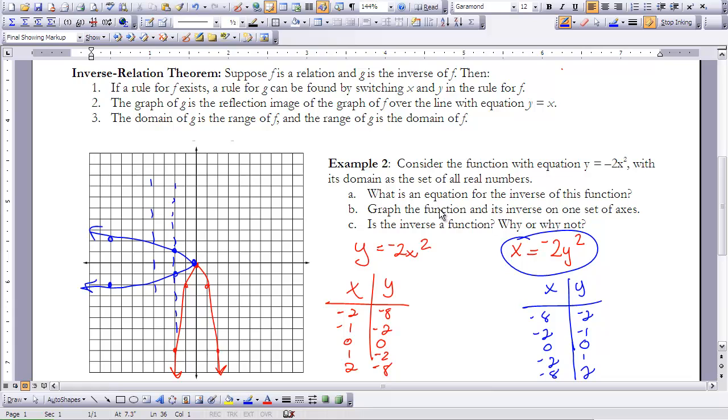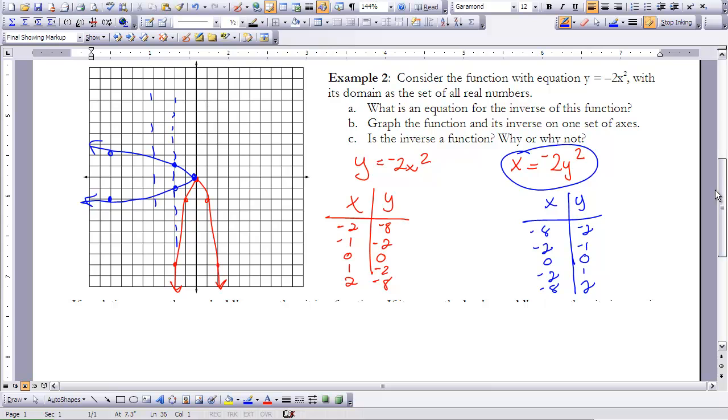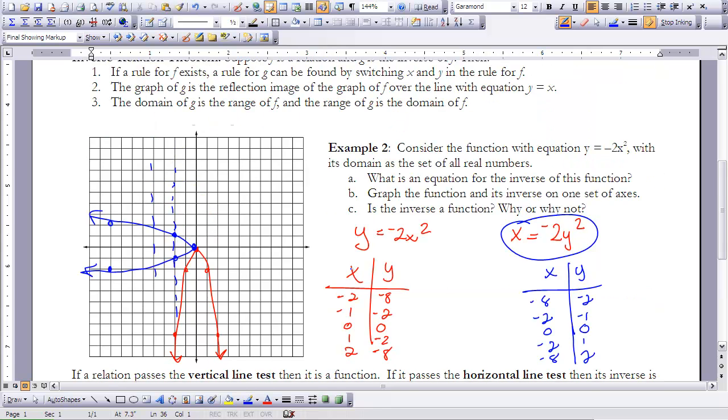Part 2 says they want you to graph the function and its inverse on one set of axes. I chose to graph this by hand just because I wanted to explore the relation piece from above by switching our coordinates. So I quickly made a table of values for x and y for our original function.